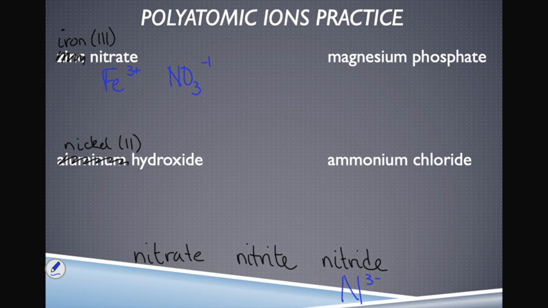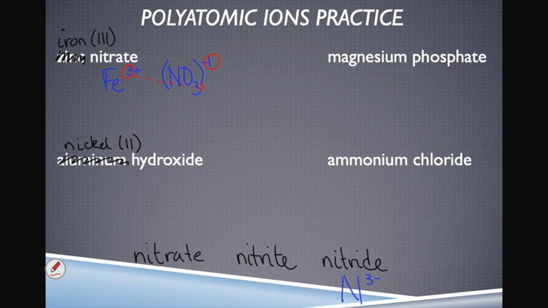Some students that I've taught prefer, even at this stage, to use brackets. So they're just going to put the whole polyatomic in brackets. That reminds them to treat it as a single unit for our cross and drop. Again, taking a look at just the numbers in the charges, not the signs.